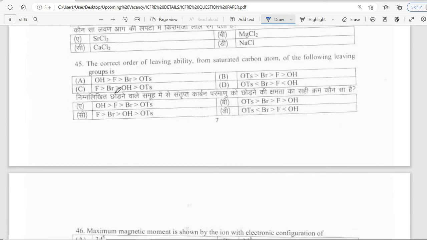The correct order of leaving ability from a saturated carbon atom of the following leaving groups. So leaving tendency, which one is more? Leaving tendency is more for OTs. OTs is a very good leaving group, because after leaving it generates a stable anion, which can undergo resonance. OTs comes from paratoluene sulfonyl chloride.